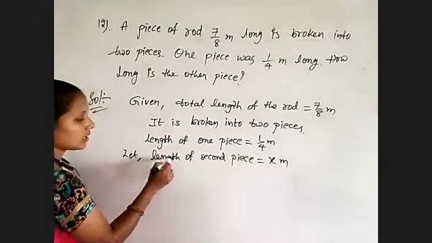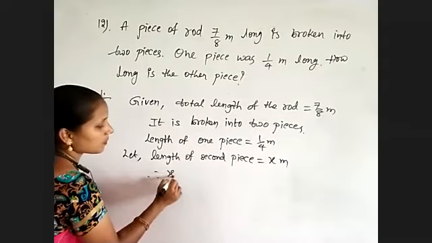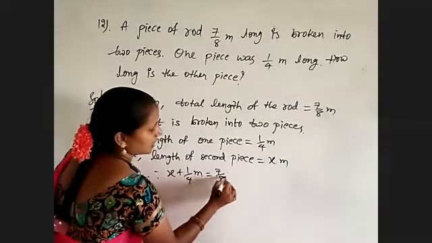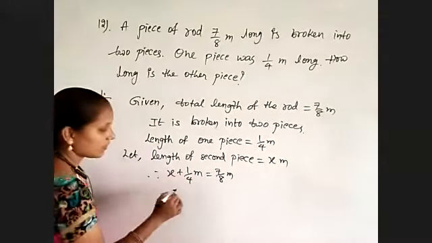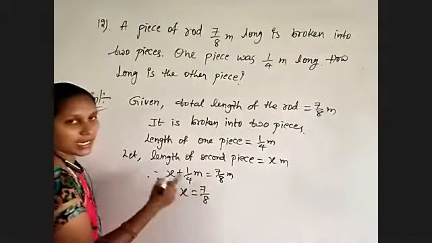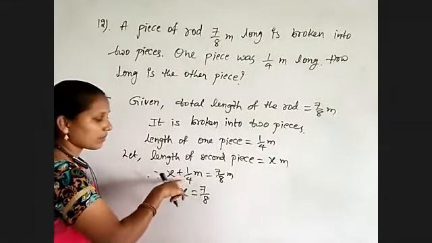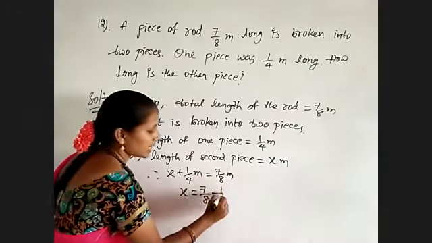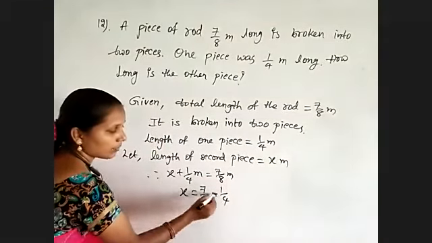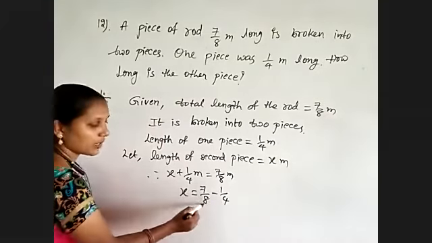Therefore, we know that the lengths of these two pieces add up to the total length. Therefore, x plus 1/4 meters is equal to 7 by 8 meters. So x will be equal to 7 by 8, and 1/4 I am bringing to the other side, where plus 1/4 becomes minus 1/4. Then 1/4 and 7 by 8 are not like fractions, but in the 4 table we will get 8.